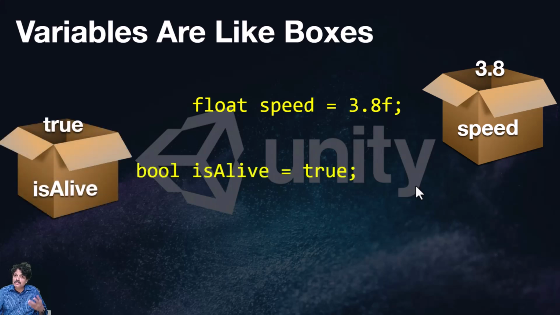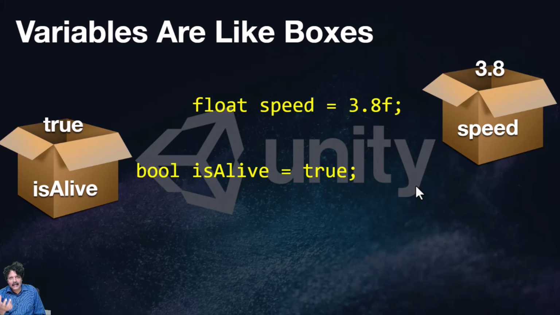Then we also have another type of variable which we call bool. Bool means boolean, and this boolean type of variable will have only two values, either true or false. For example, here we want to declare a variable called is alive. You are playing a game, and in the game whether the player has not lost his life, whether he is alive.